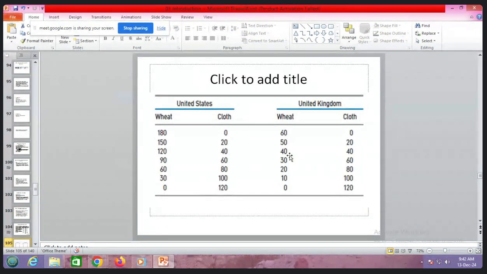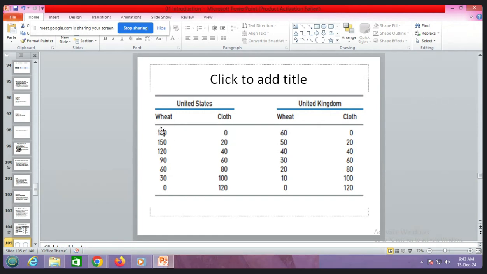Once we understand the production possibility frontier, let us see a hypothetical case here in the US and UK. What we see here are two tables, for the US and UK. The maximum amount of wheat with the given resources that the US can produce is 180, so it doesn't produce any cloth.